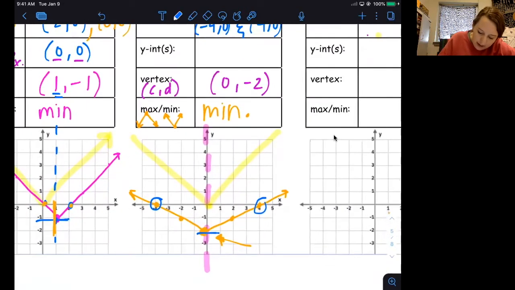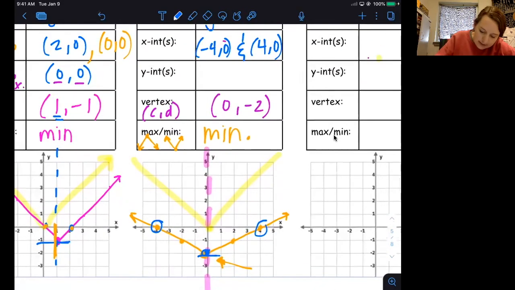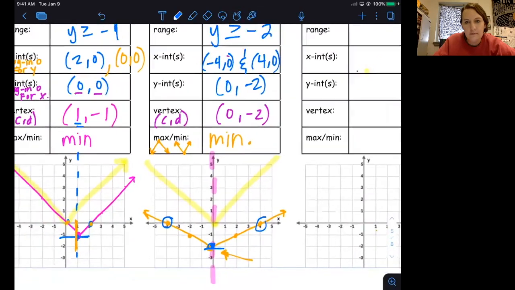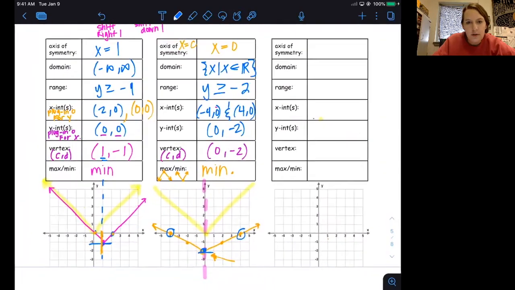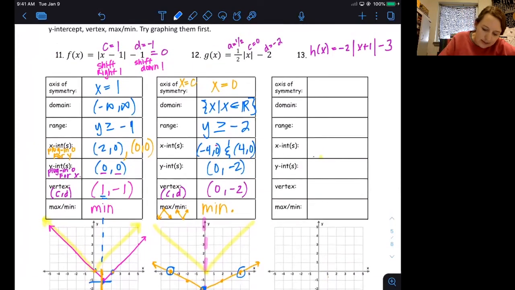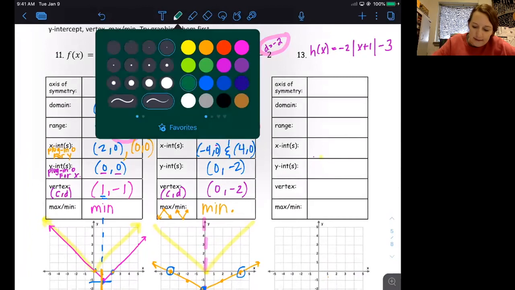Okay, lastly, my y-intercept is right here at 0, -2. So your range is going to be directly tied to your d value. So we can get more attributes from that. I want to point that out because in this next example, you're going to see that the range looks a little bit different, but it's still going to be directly tied to that d value.